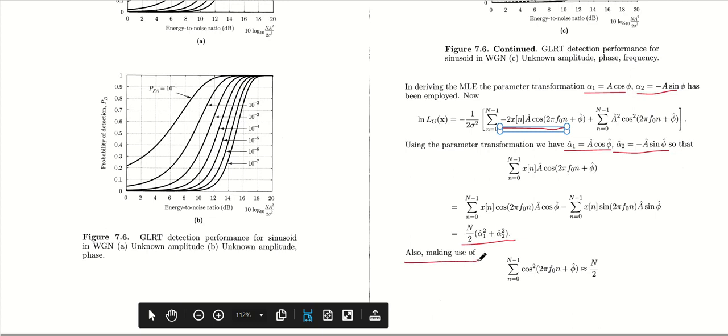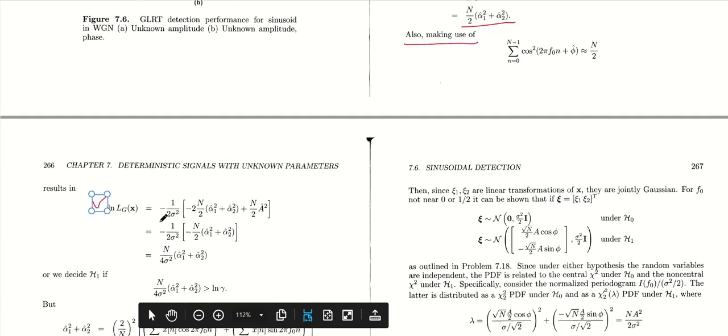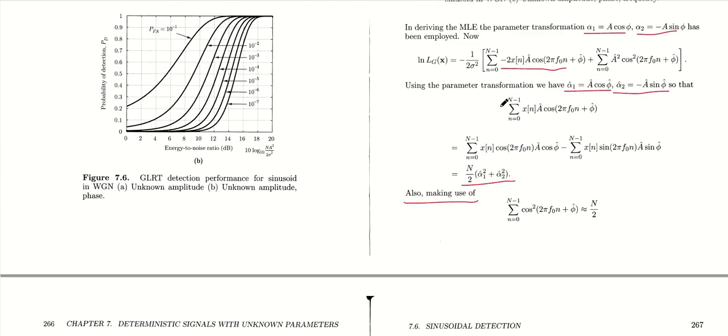And then we make use of the summation of cosine squared approaching N by 2, which results in ln G. ln G is now reduced to this, right?